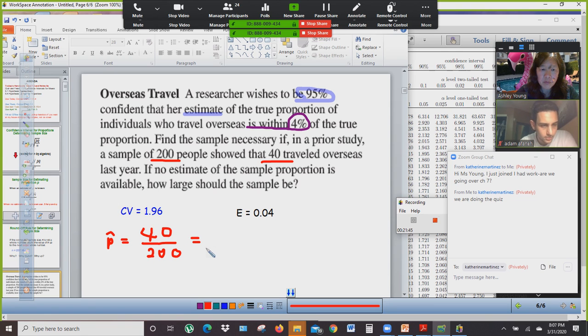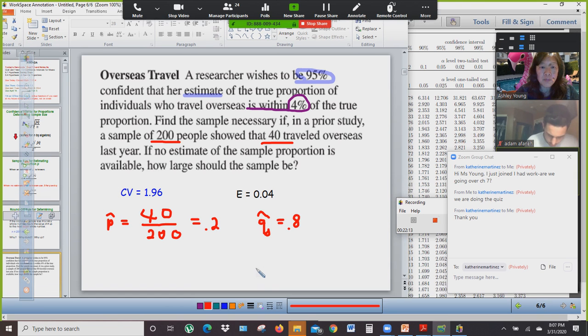So if I have 40 over 200, that's 0.2. If my p-hat is 20%, in other words, if my yeses are 20%, then what percent of no's do I have?